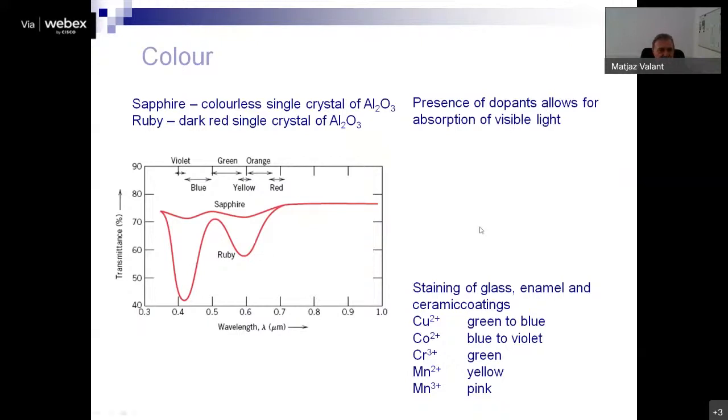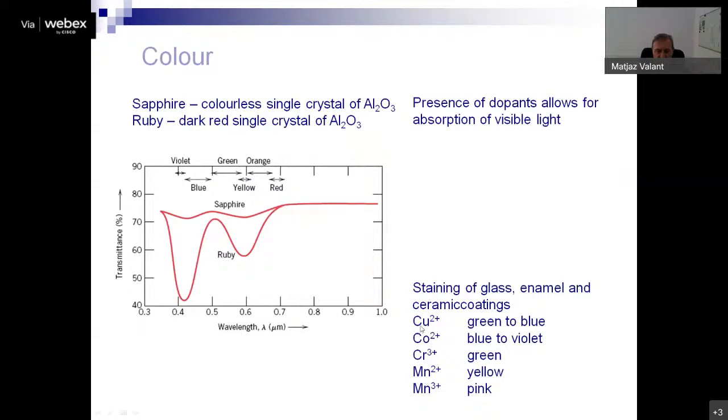And we can also use this doping, deliberately doping, to produce glasses which are stained, which are colored, or even enamels or ceramics. And then we know what kind of impurities we have to add to the glass to get the color that we want.